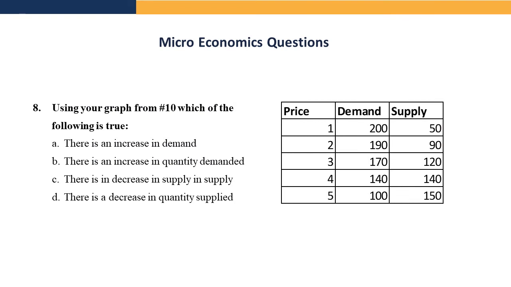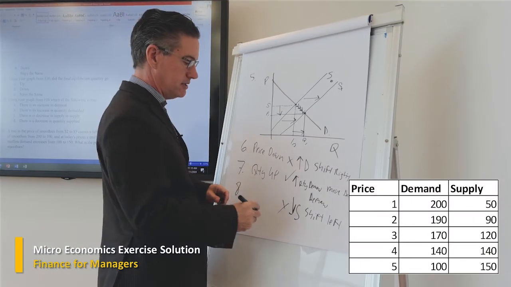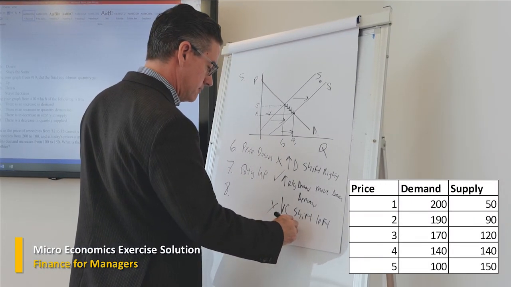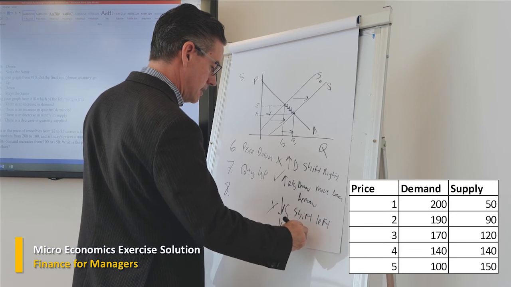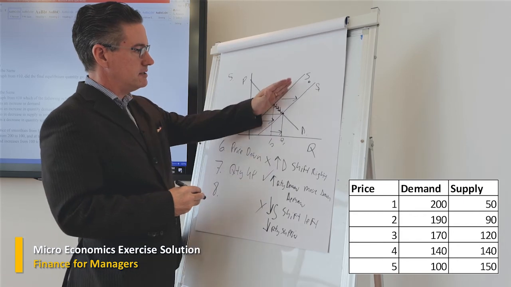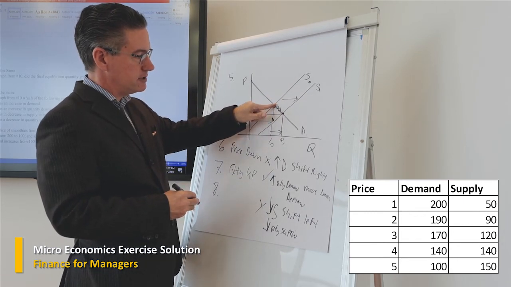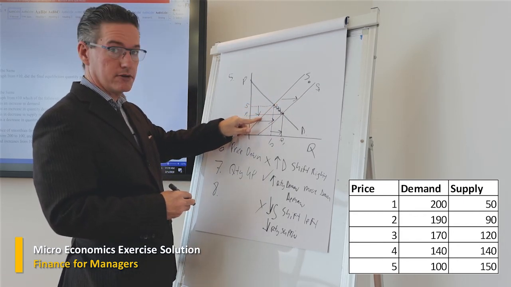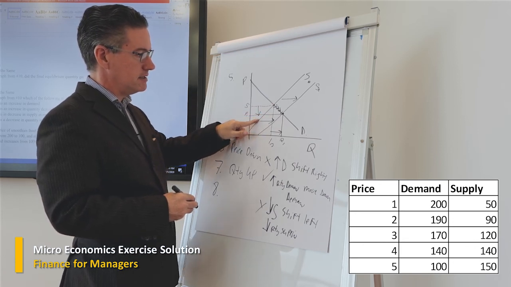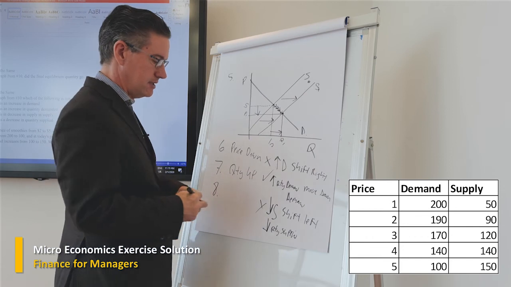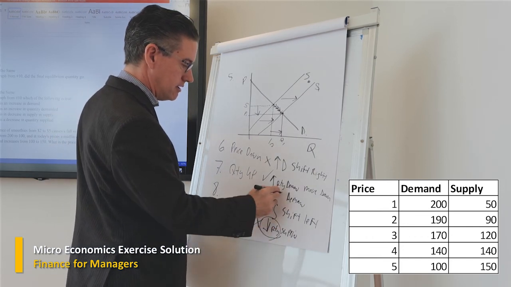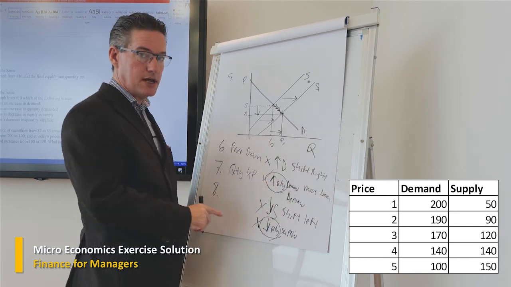Decrease in quantity supplied means the curve did not shift, but moved along the supply curve, down, got less. That didn't happen, the whole curve shifted.